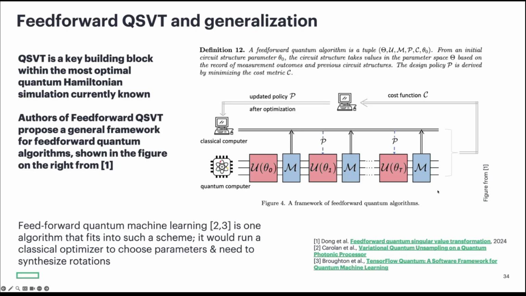Anything that would fit into this general framework in terms of a future algorithm, you can see there's some sort of parameters coming from the classical computer into future gates based on previous measurement results. How complicated that computation is to compute these gates is sort of a key question in terms of whether or not it could be in the control electronics, but I wouldn't expect that everything would fit into the control electronics.